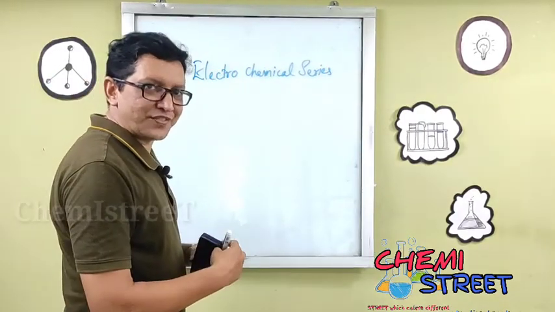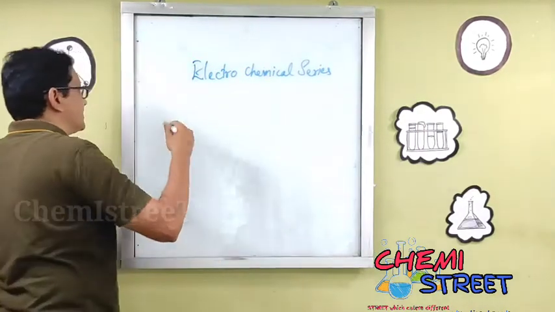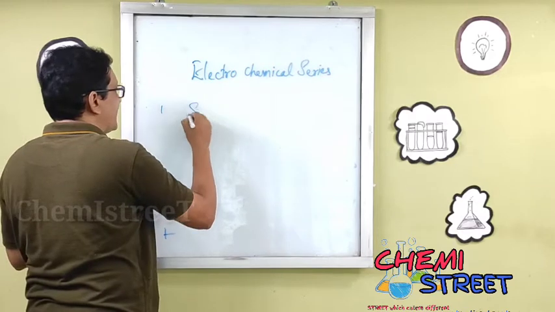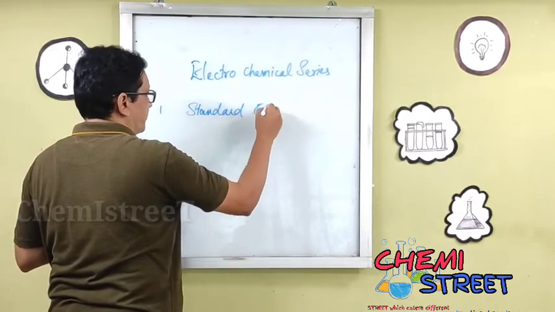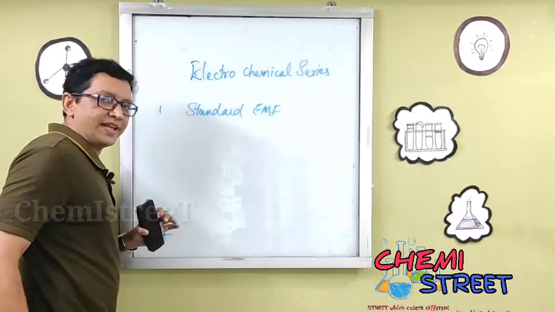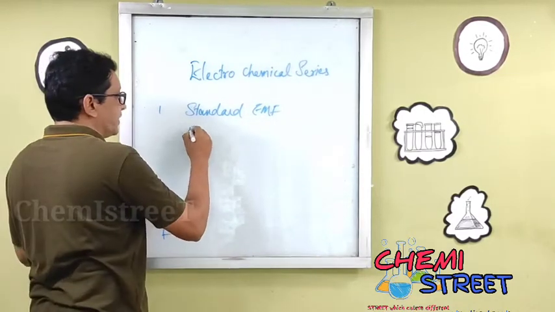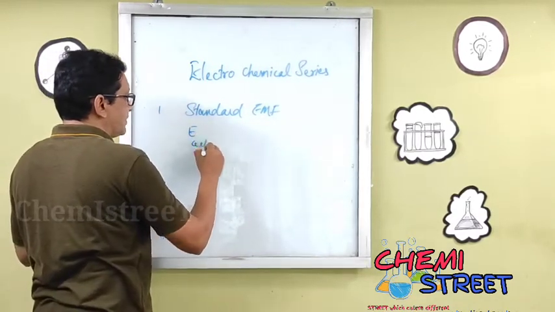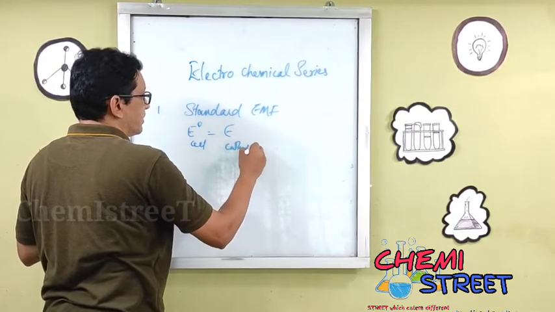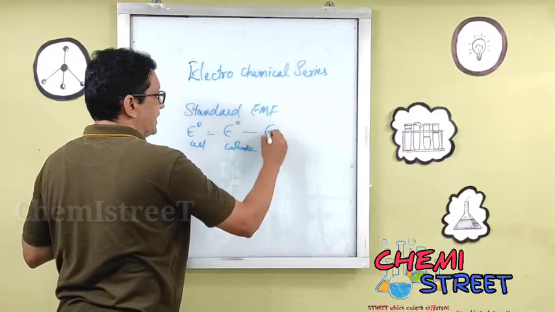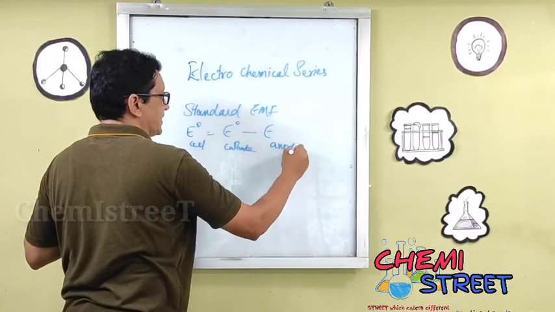The first and important application is that it is used to find out the standard EMF of the cell. You know, EMF or E cell is equal to E cathode minus E anode, isn't it?